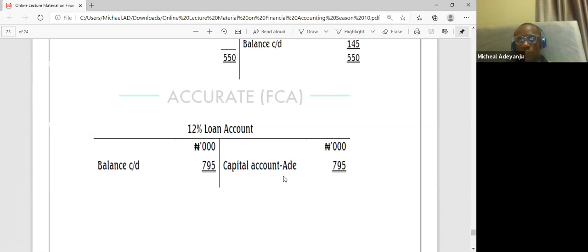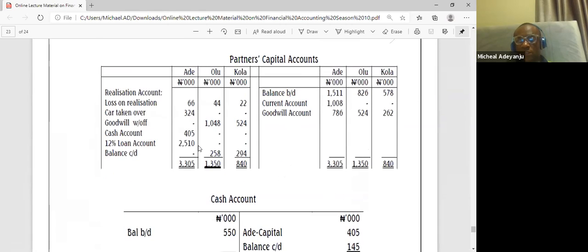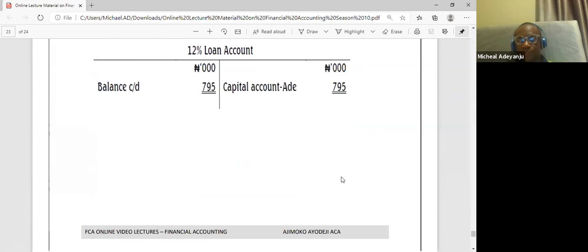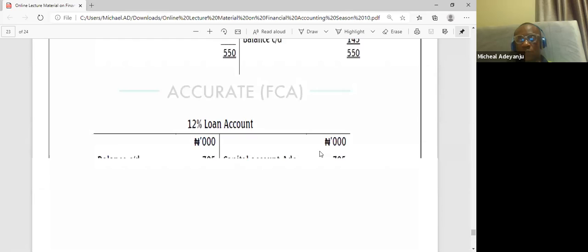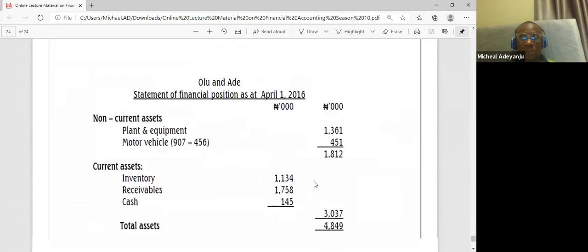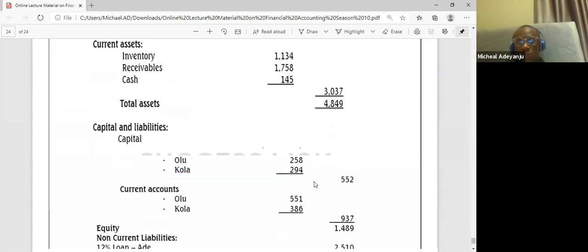It should be 2,510 because this is the difference between our realization loss and goodwill, and the cash account from Ade's account. So this place will be 2,510 naira, and you see it later in the case where you see the figure.